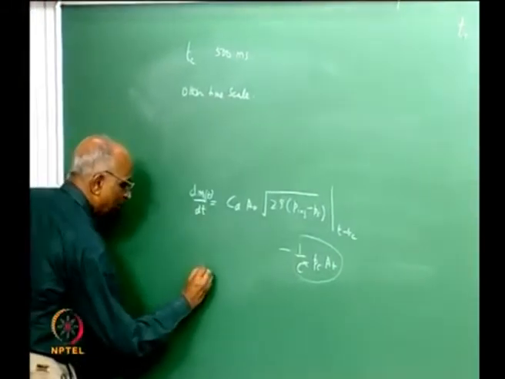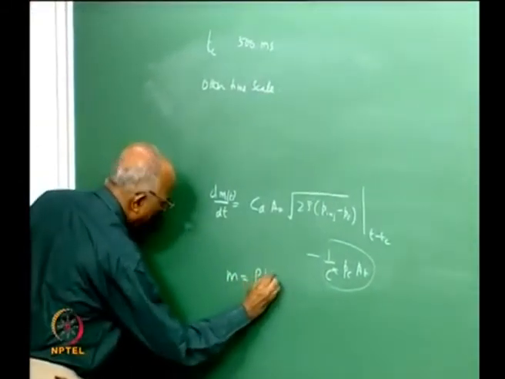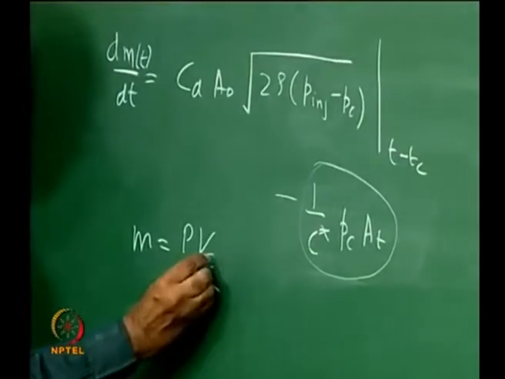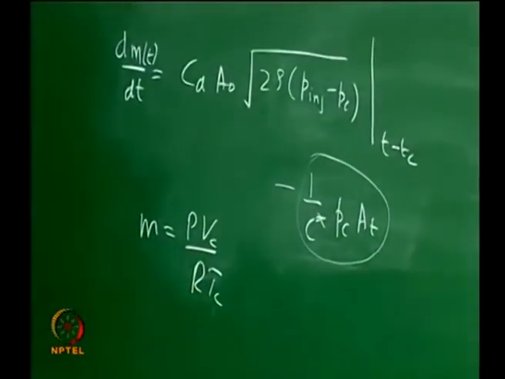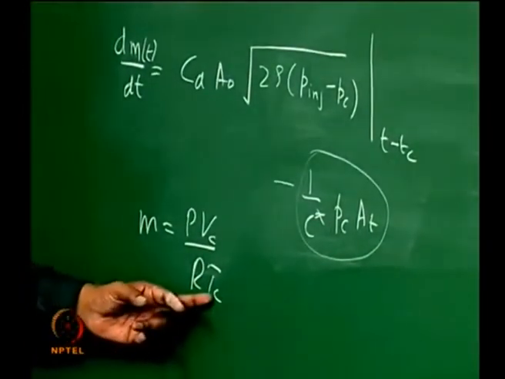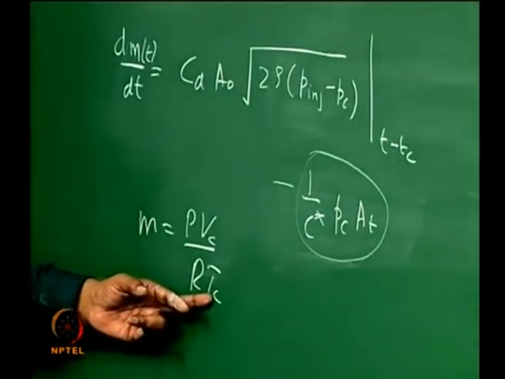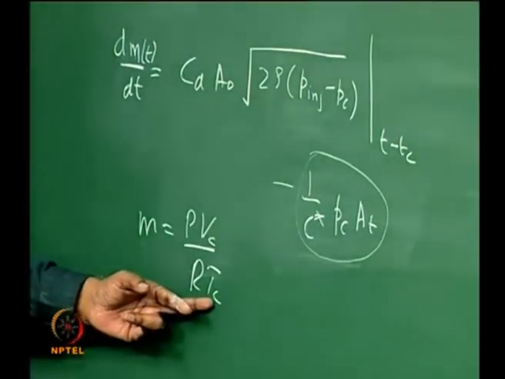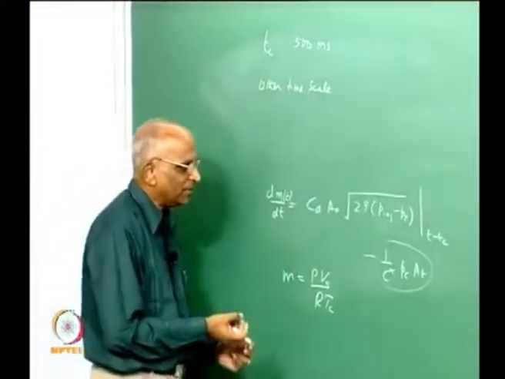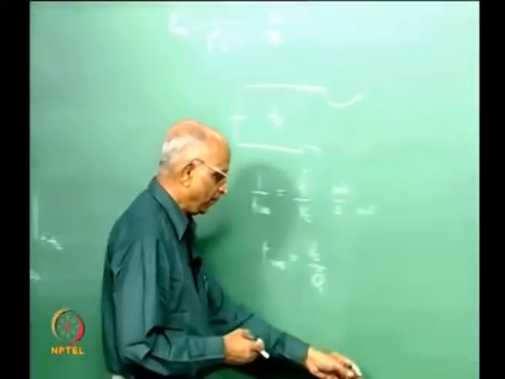We say m is equal to PV by RT, we keep doing the same thing, so P Vc by RTc is the mass in the chamber. We assume Tc is constant because small changes in pressure or oscillations are not going to change this substantially. Therefore let us simplify this equation in terms of dP.